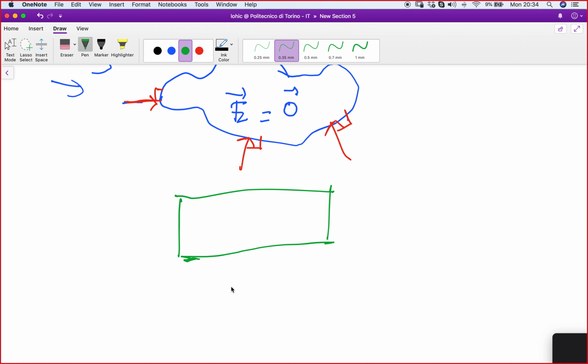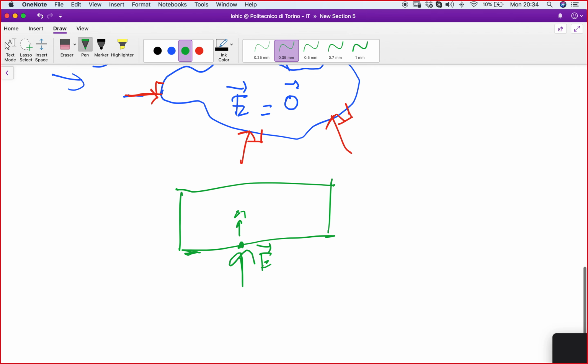If the field is perpendicular to the surface like this, yes or not, this field can move the charge only in this direction. But if the charge goes inside, as soon as the charge enters, there is no more field, so it stops. So when the field is perpendicular, this field will try to move the charge inside, but as there is no electrical field inside, the charge will not move inside.